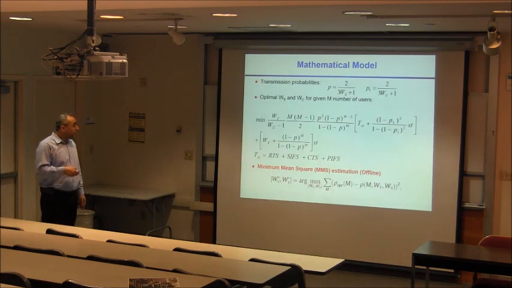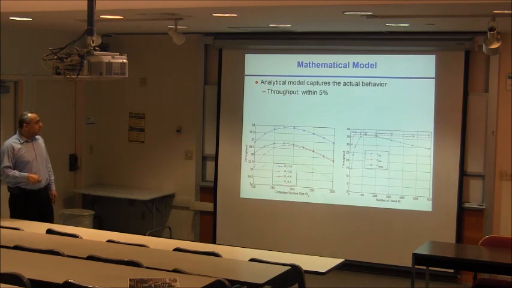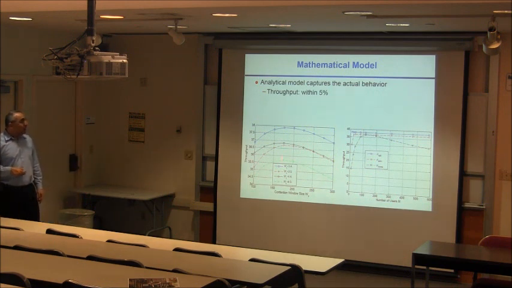If you are interested, I can give you the detail of this. So, luckily, we show that our mathematical model captures the actual behavior of the network. And we found that the parameter we choose gives the best results in both the analytical model and the simulation model. That's the good news for us.